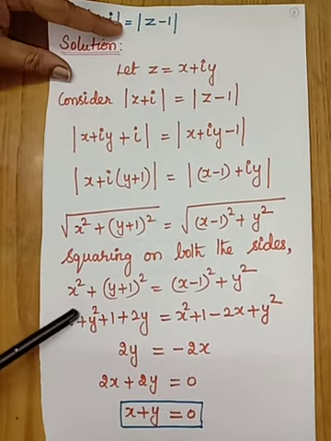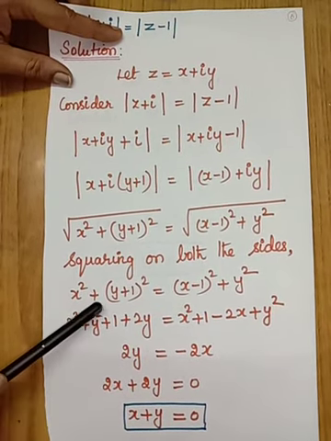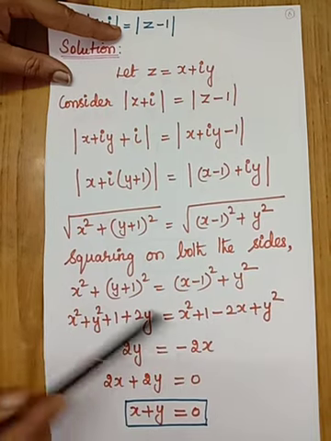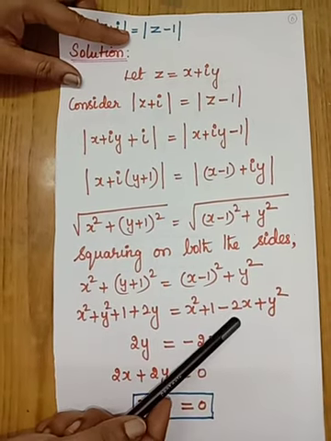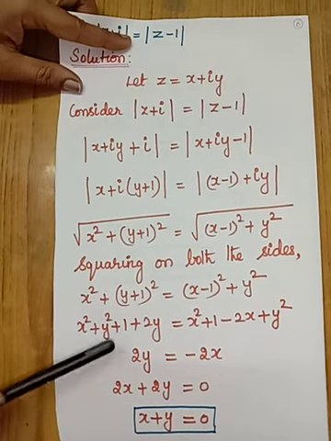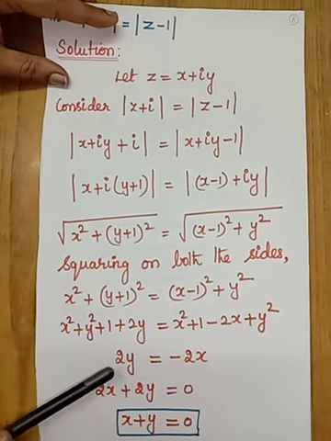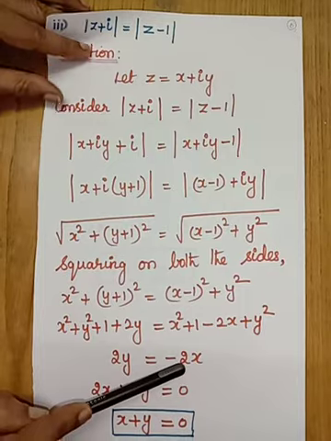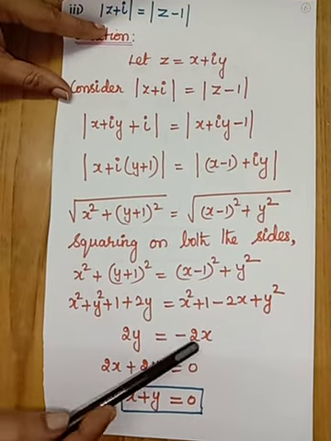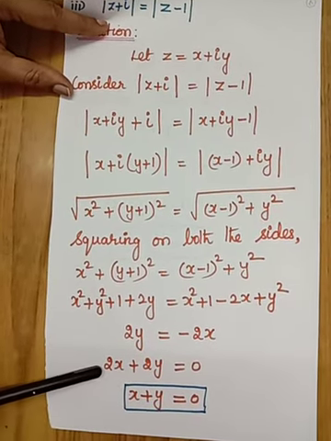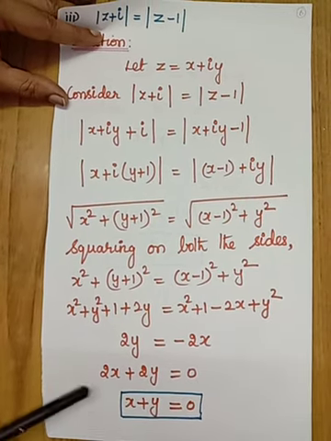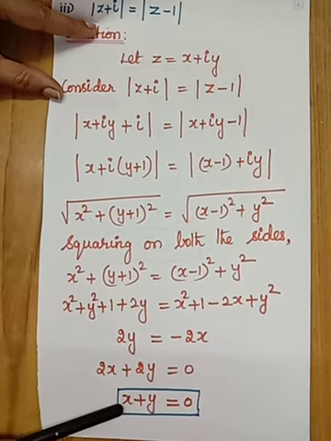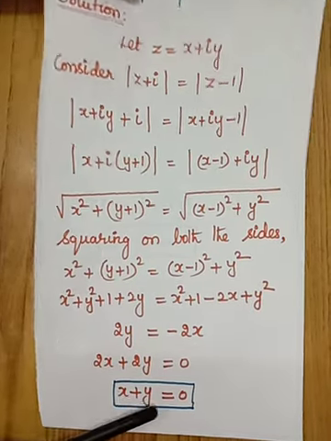You look at this, x squared is getting cancelled, y squared is getting cancelled, and plus 1 is getting cancelled. So minus 2x, when you bring it to the, so you are getting 2y is equal to minus 2x. So the minus 2x, when you bring it to the left side, it will become plus 2x. So 2x plus 2y is equal to 0. When it is divided by 2, you will get the answer x plus y is equal to 0.